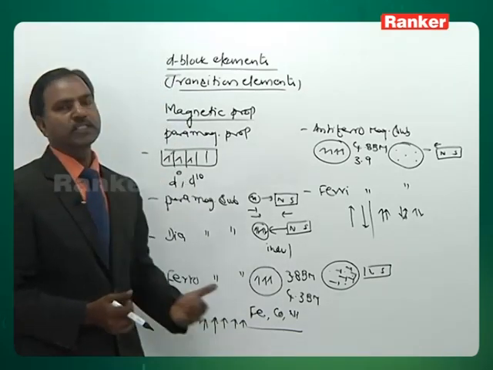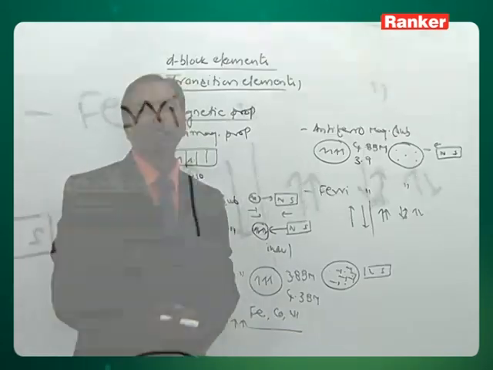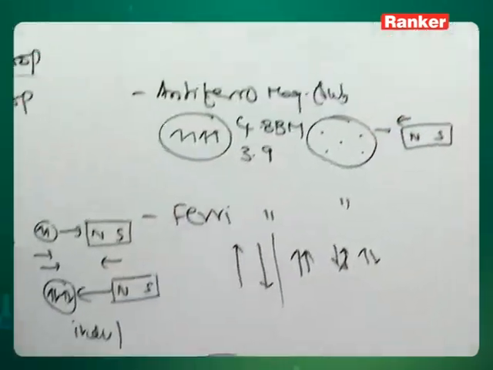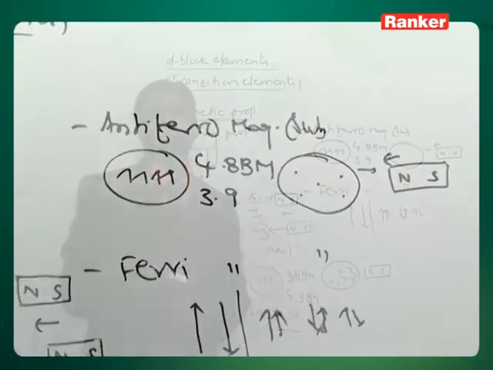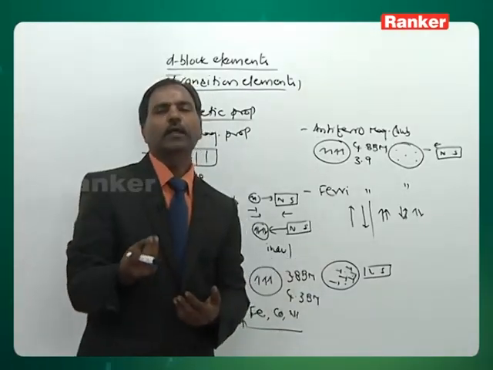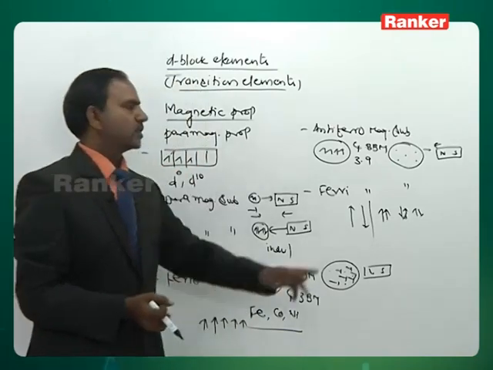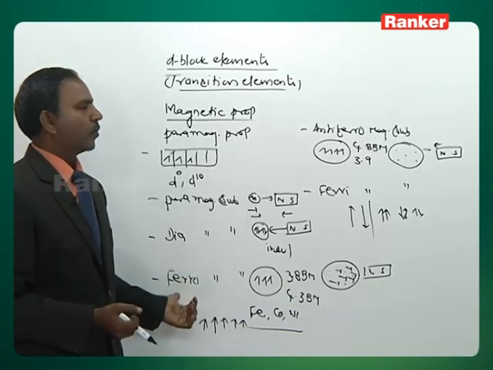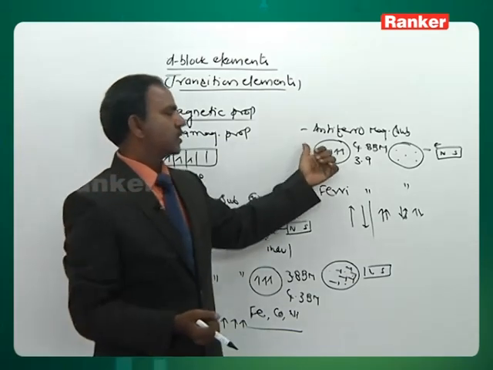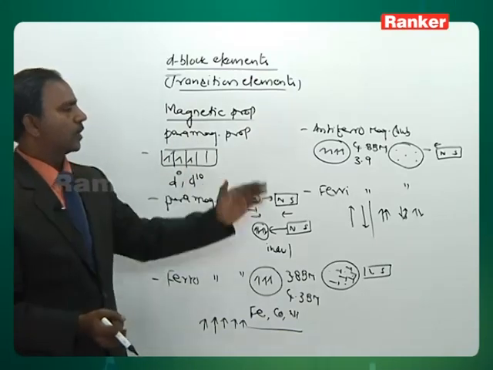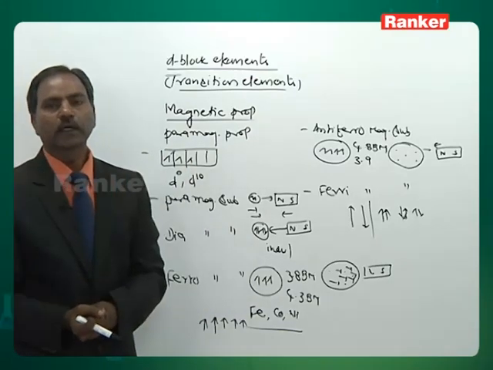So, ferromagnetic substance exhibits greater paramagnetic moment than expected. Antiferromagnetic exhibits lesser paramagnetic moment than expected. Ferrimagnetic substance exhibits slight paramagnetic moment. Like this, there are different types of magnetic substances: ferromagnetic, antiferromagnetic and ferrimagnetic.